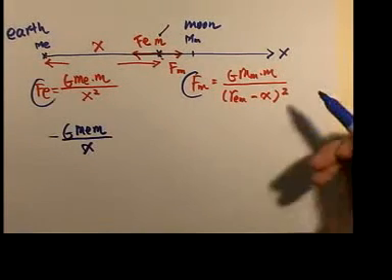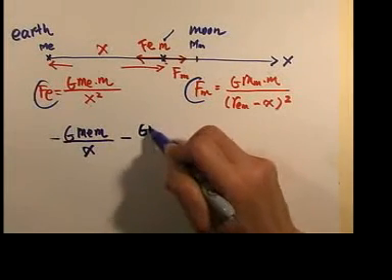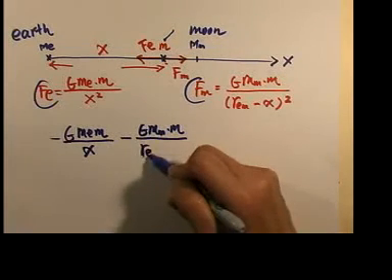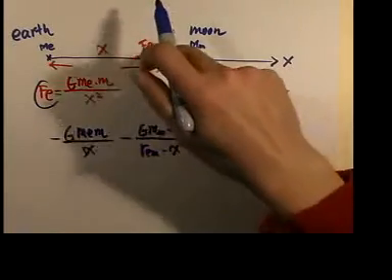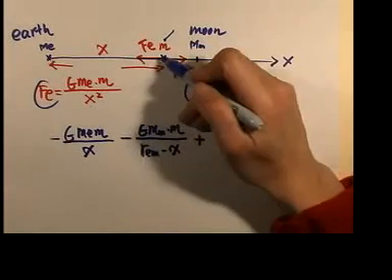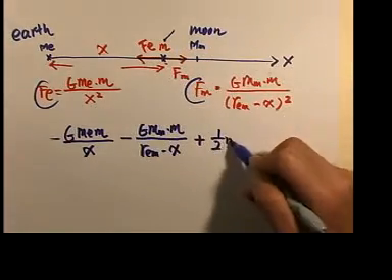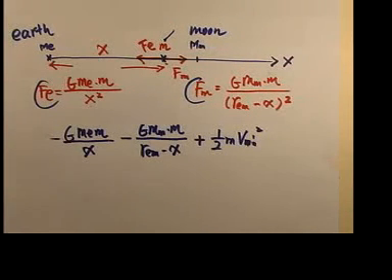That's the potential energy between the probe and Earth. Potential energy between the moon and space probe: that is negative G, mass of the moon, mass of the probe, over the Earth-moon distance subtract x. And we ask for the minimum speed it requires, so we give a speed. 1/2 m v minimum squared. That's the total mechanical energy at that point.